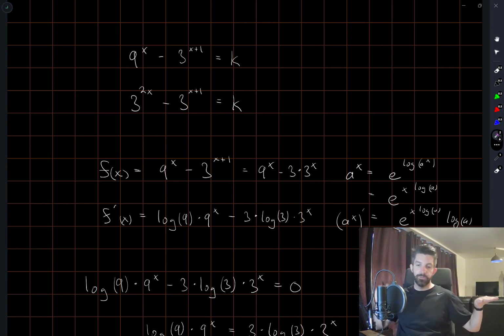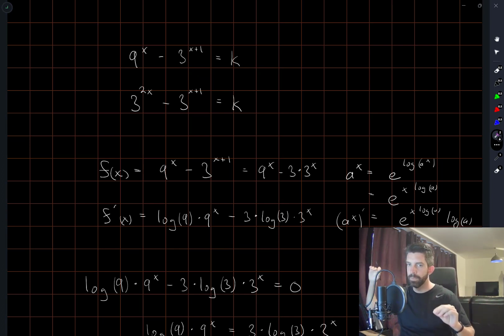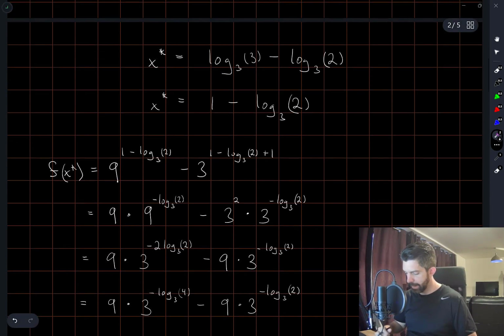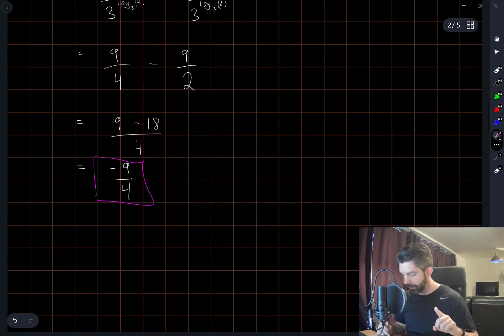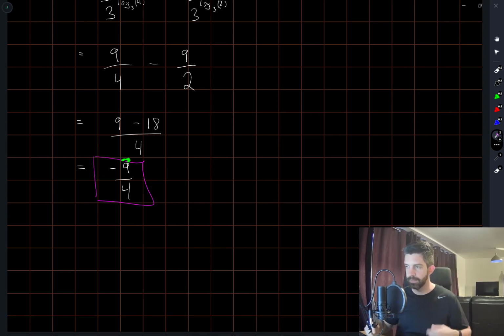And when it goes to positive infinity, it blows up to infinity. And so the only option for a horizontal tangent is at a minimum, a local minimum, which would then, of course, be a global minimum. And then by substituting that value of x star into the function, the global minimum of this function is negative 9/4, which is exactly the answer that I said we should have originally. Negative 9/4 is the first of the 4 options.